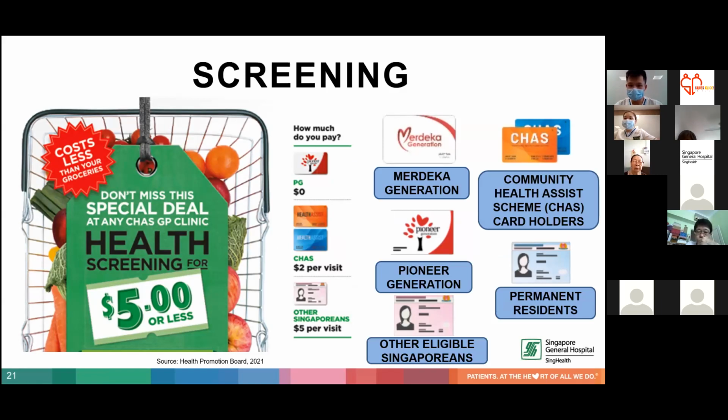If you're a Merdeka generation, you just only need to pay $2. And the same goes for CHAS card holders, who is orange card holder or the blue card holder, is just $2 per visit. For our pink IC holders, Singapore citizens, it will be $5 per visit. But for PRs, it will be $10 per visit.